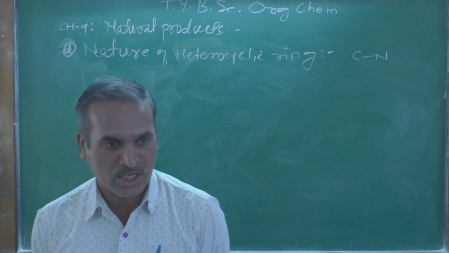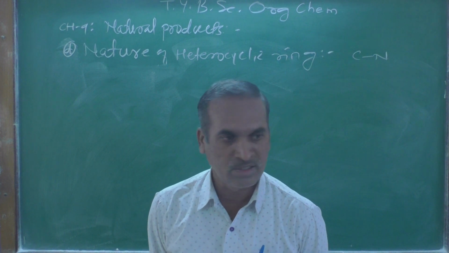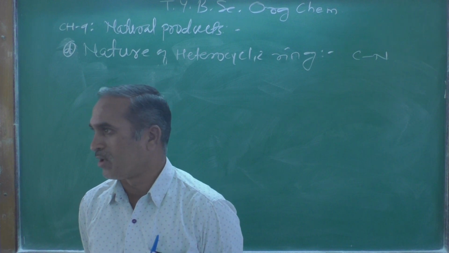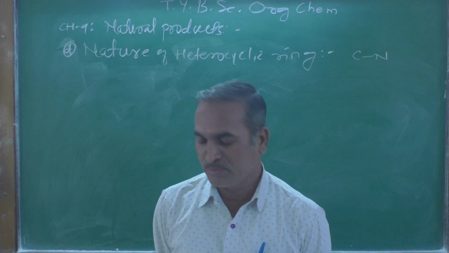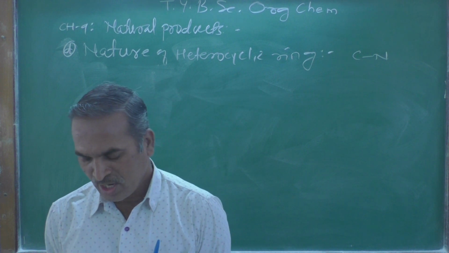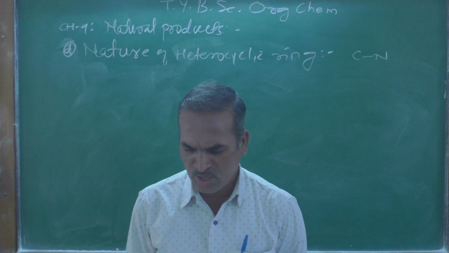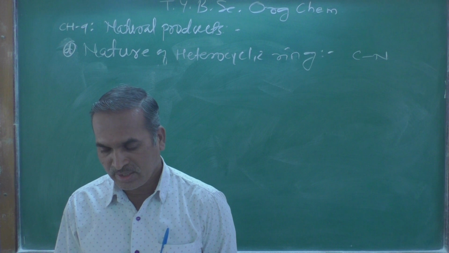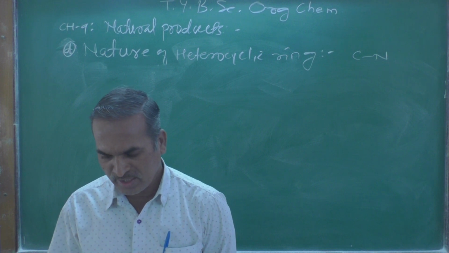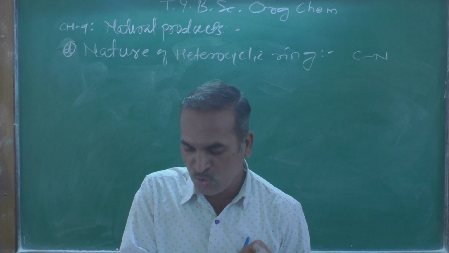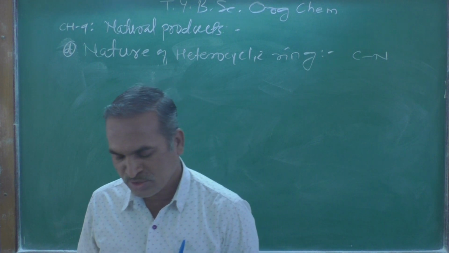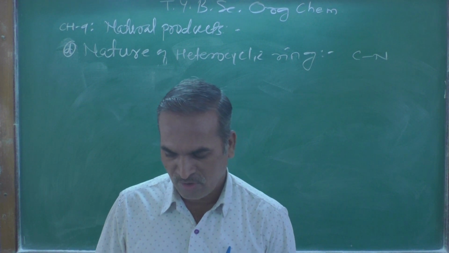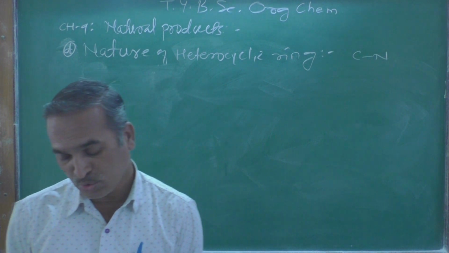Saturated means an organic compound containing carbon-carbon single bonds. Unsaturated means an organic compound containing multiple bonds. From the nature of the hydrocarbon formed, the size of the heterocyclic ring can be found out. Following are some important methods for the detection of heterocyclic rings.